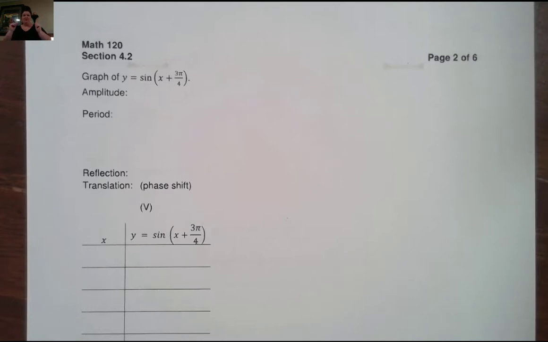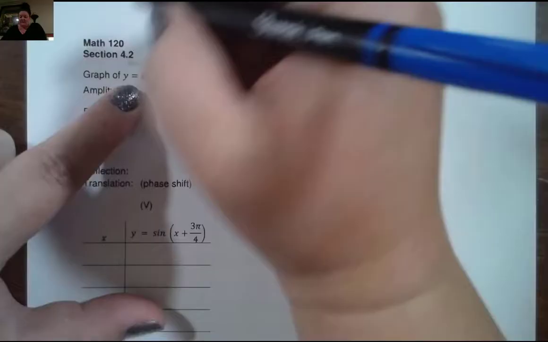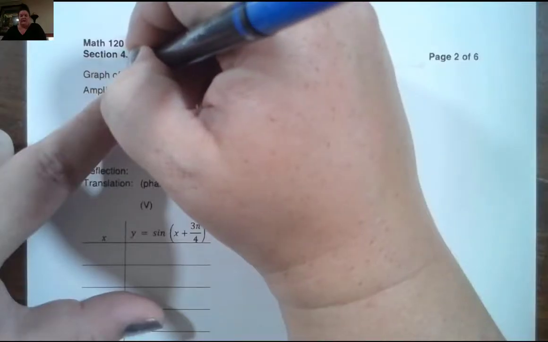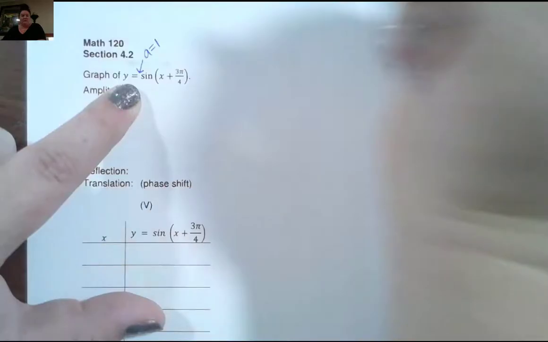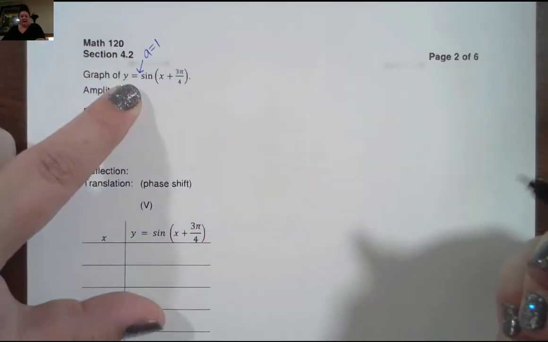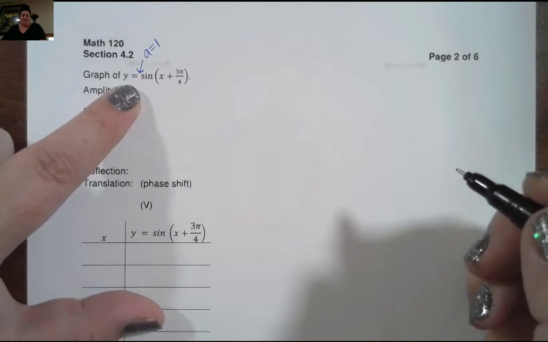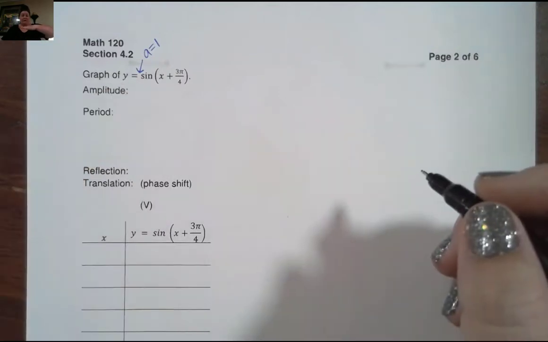It may not go straight from 0 to 2 pi, so we have to adjust our x's. Notice there's nothing being multiplied in front of our sine, or in other words, our a value is 1. So our amplitude should not have changed, and our normal amplitude from our vertical center up to our maximum or down to our minimum is 1.